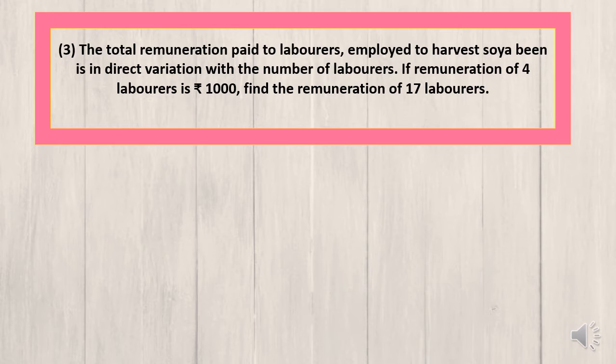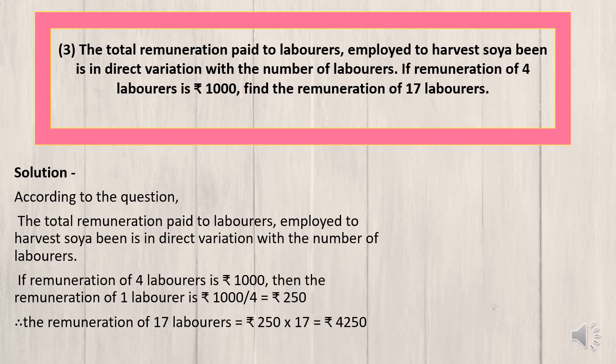So, let us start our solution. According to the question, the total remuneration paid to laborers employed to harvest soya bean is in direct variation with the number of laborers. So in the question it is clearly given that it is in direct variation. If the remuneration of 4 laborers is 1000 rupees, we will first calculate the salary of one laborer.